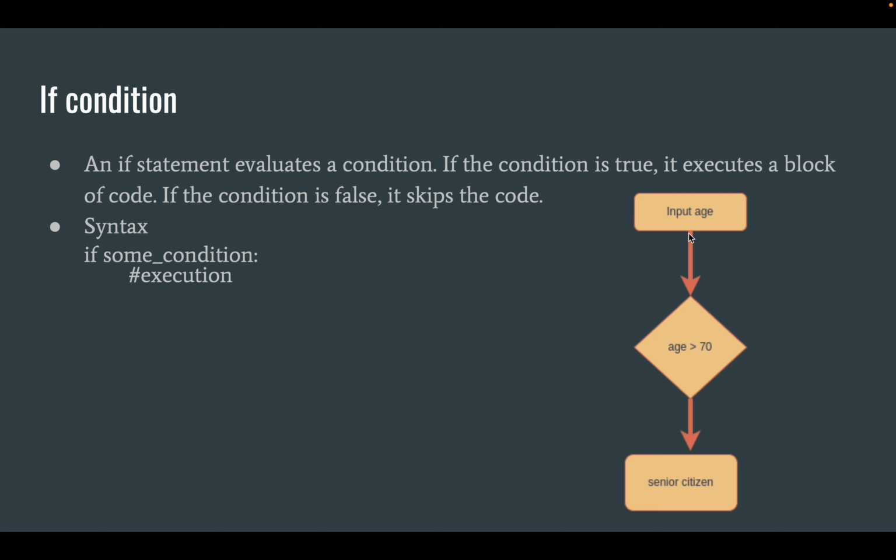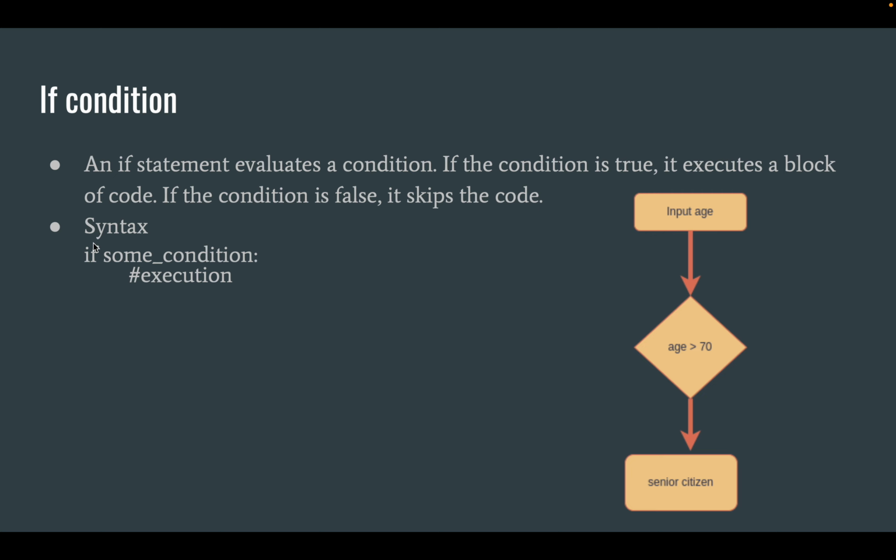Age is our input, and here we are checking the condition: if age is greater than 70, then we will say that it's a senior citizen. Here we are only talking about this condition, age is greater than 70. We are not talking about what happens if age is less than 70.